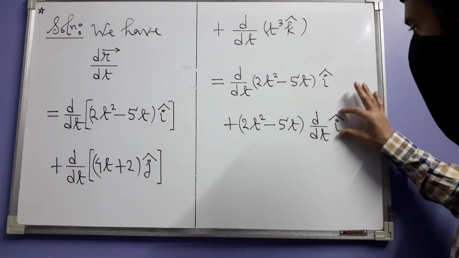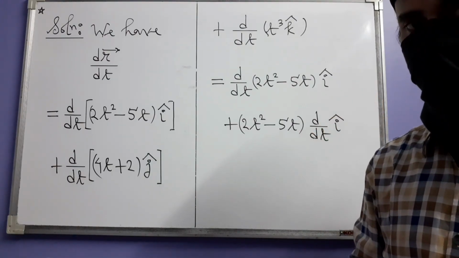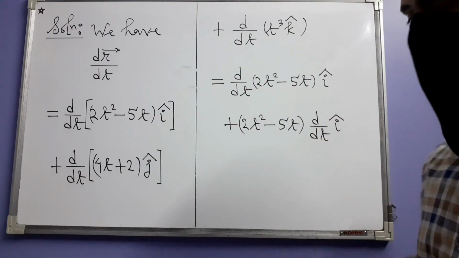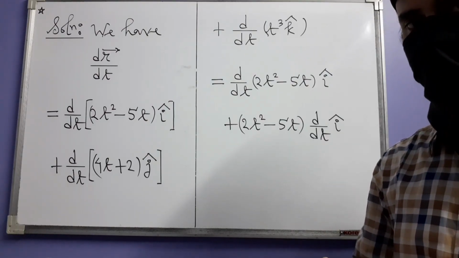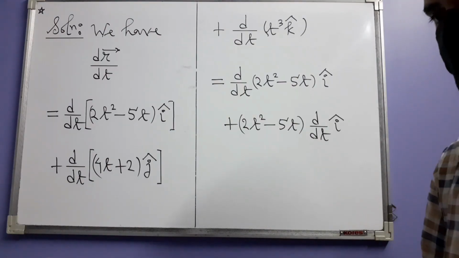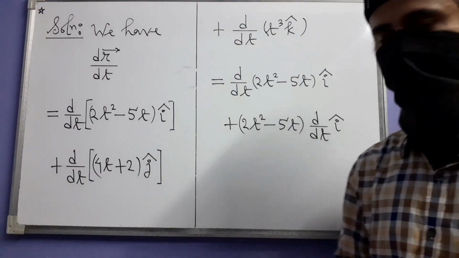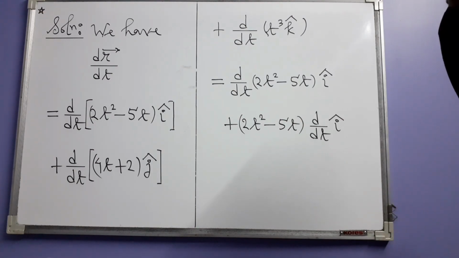Now note that because i hat is constant, it does not change with time, so this will be 0. Just like a constant real valued function has 0 derivative, a constant vector valued function also has 0 derivative, which comes from properties of derivatives of vector functions.